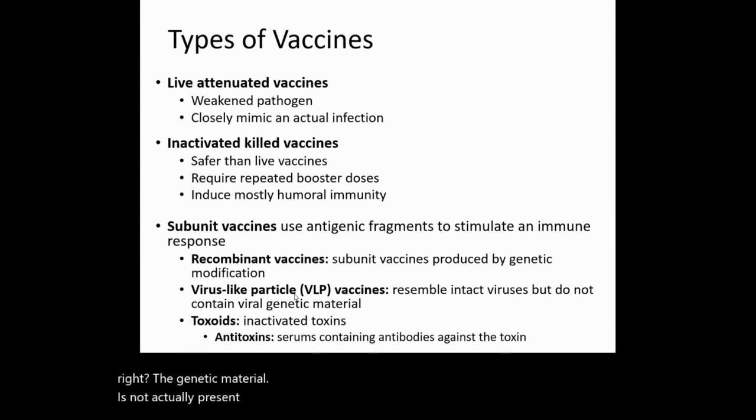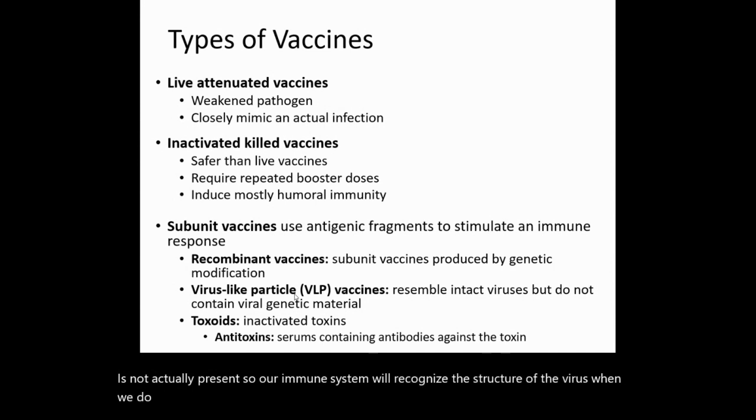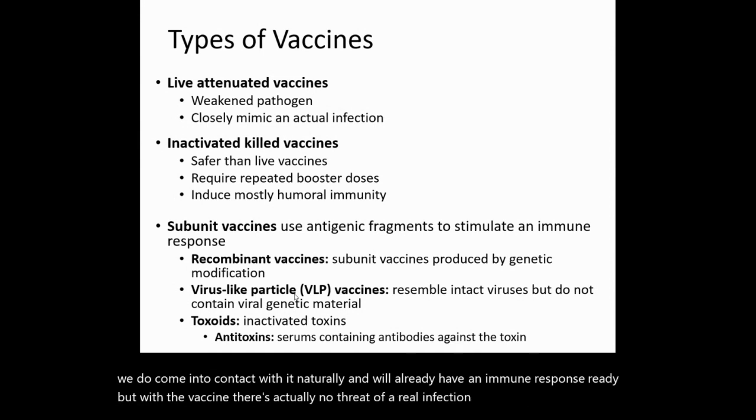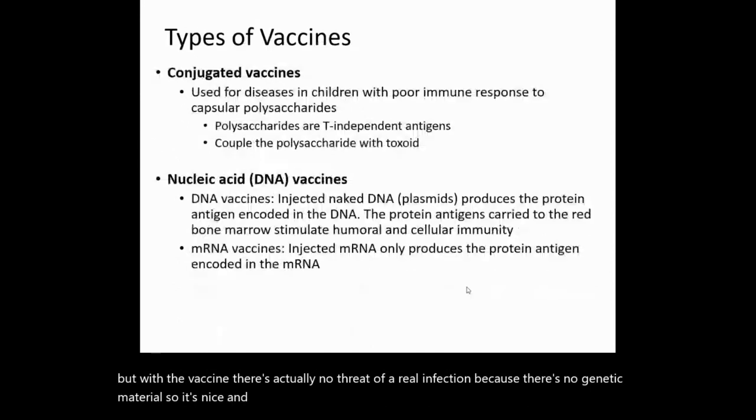So our immune system will recognize the structure of the virus when we do come into contact with it naturally, and we'll already have an immune response ready. But with the vaccine, there's actually no threat of a real infection because there's no genetic material. So it's nice and safe.